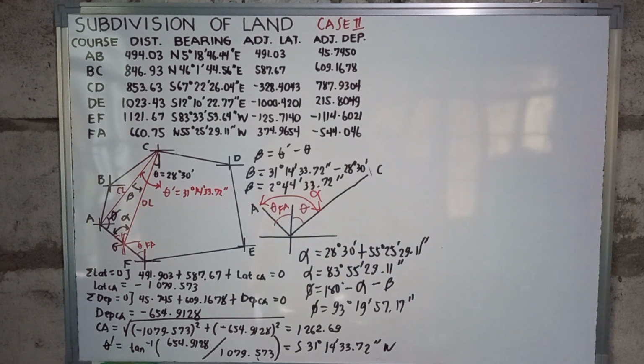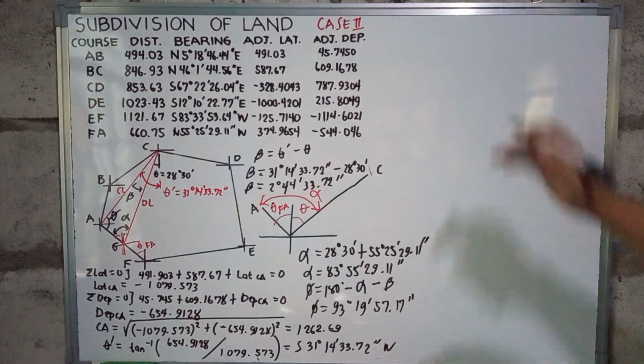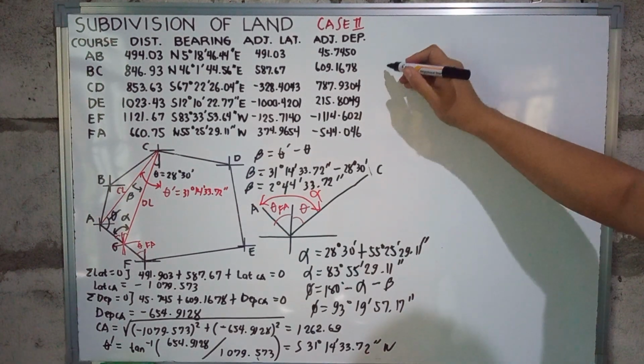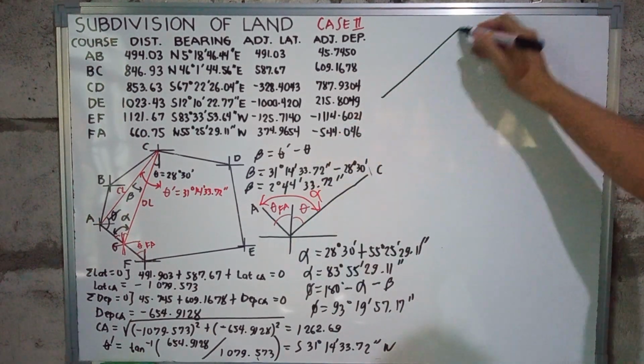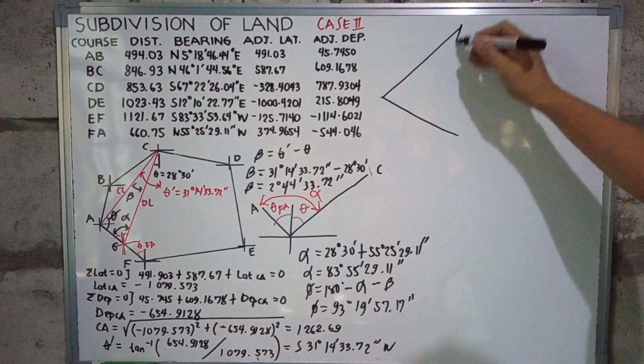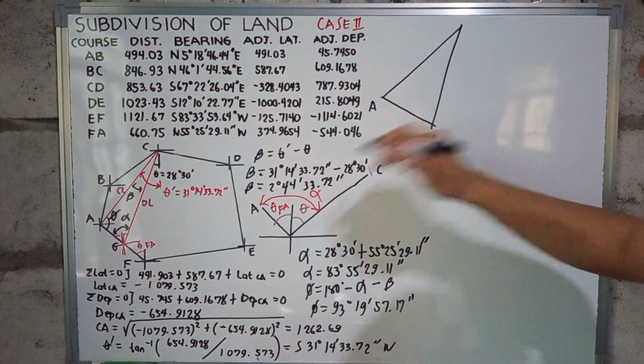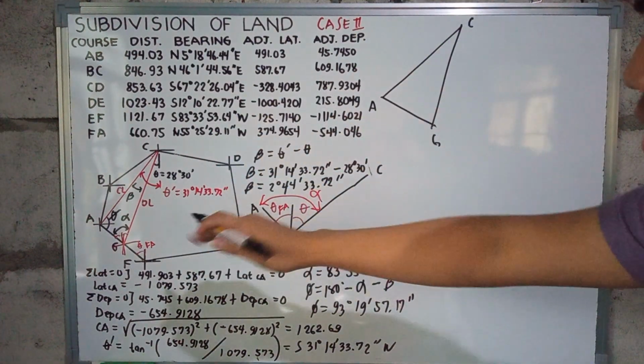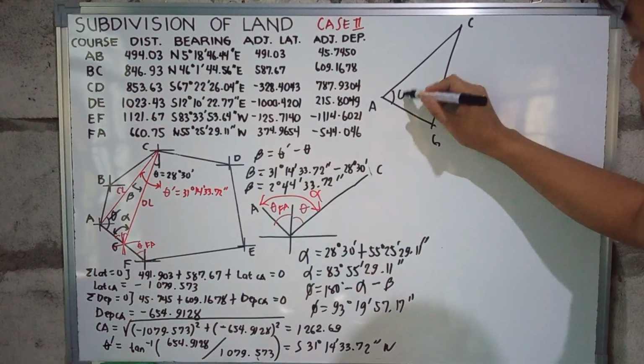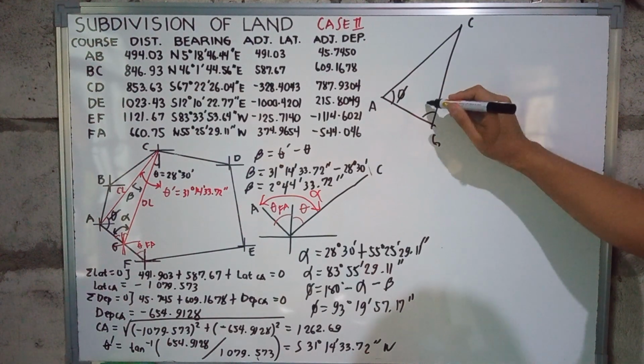So, by sine law and cosine law, makukuha natin sila. So, let's say, i-separate natin yung triangle natin dyan para hindi masyadong magulo. Hindi tayo malito, A, G, tapos meron tayong C. Ito, that will be the value of our P. Ito is the alpha.